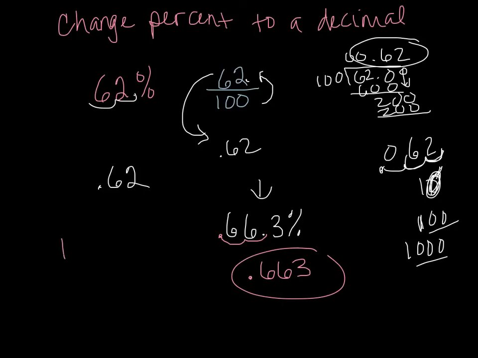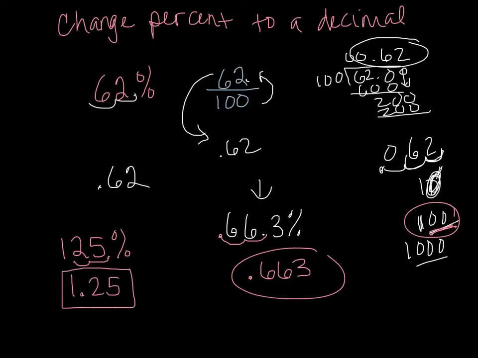What if it was 125%? 2 spots and 2 spots only to the left because I'm dividing by 100, only 2 zeros there. So I move that decimal 2 spots, it is 1.25. That is the answer. I know you're thinking that's way too easy to be correct, but it's right.